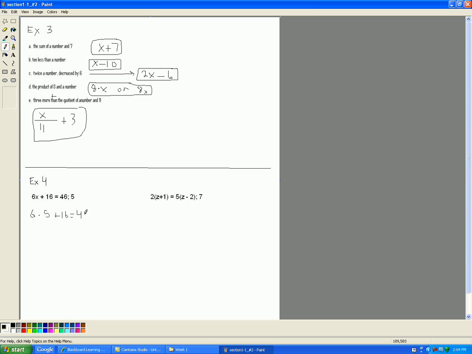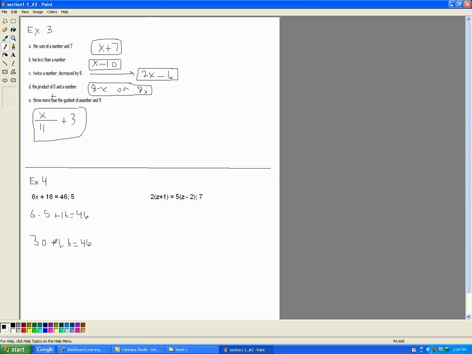Now I always encourage you to write things out fully, and don't try to skip too many steps until you're really comfortable, because that's where most people make mistakes. So write every little thing out. It really helps. Now, order of operations tells us multiplication first. 6 times 5 is 30, plus 16 is equal to 46.